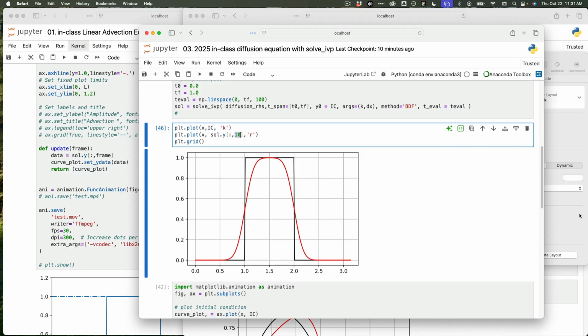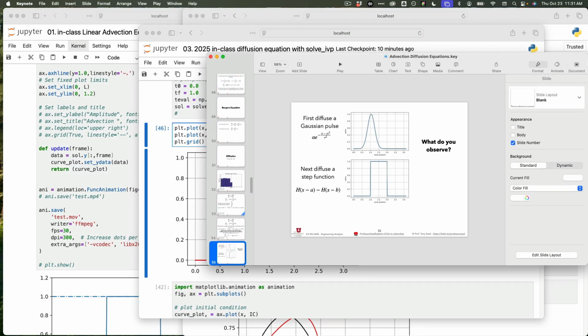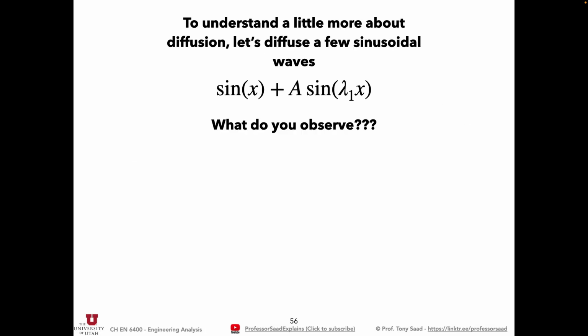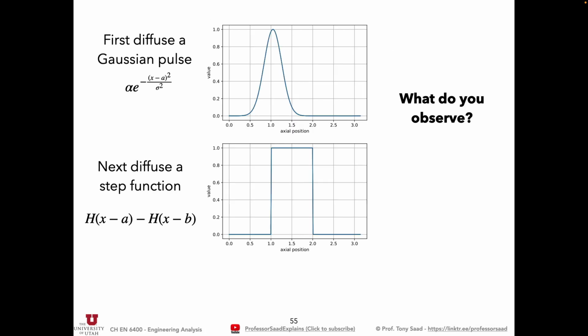All right, so what did we observe here? Well, just kind of what I said right now, two things. Diffusion is generally stiff. The larger the diffusion coefficient, you have to be careful. You have to switch to an implicit solver, BDF or Radau.